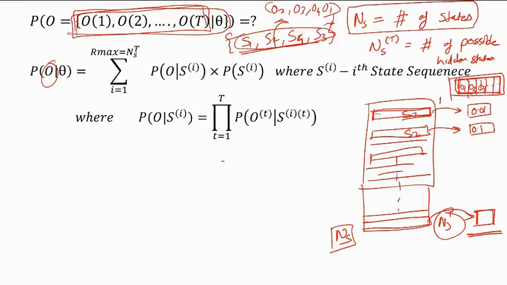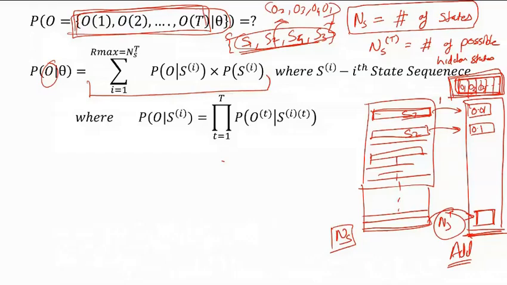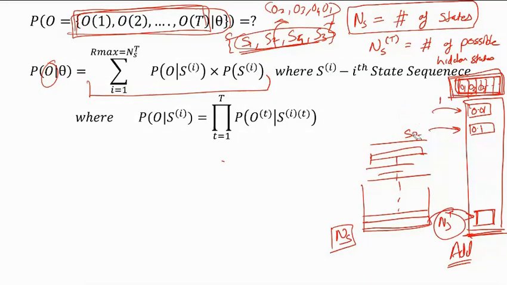The final probability that this model will produce this set of observations is just the sum of all these. Adding all this is nothing but this equation. I hope you have understood this.